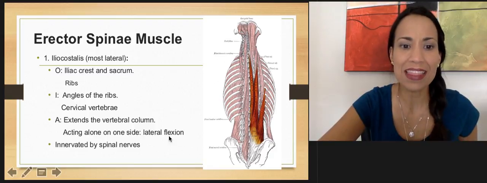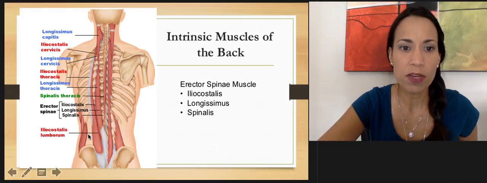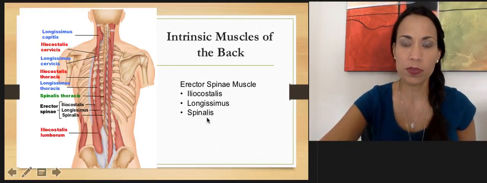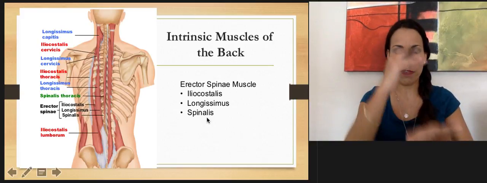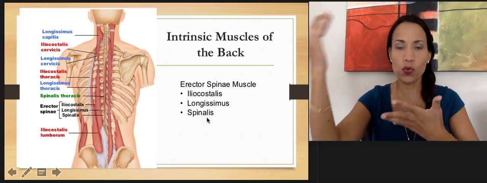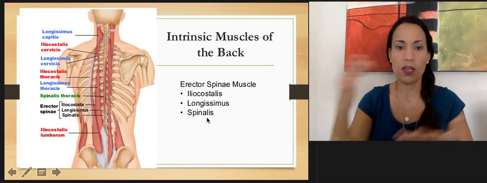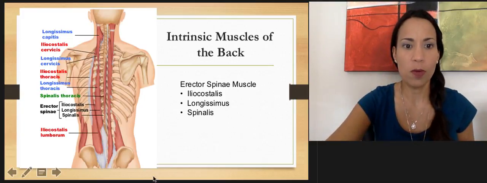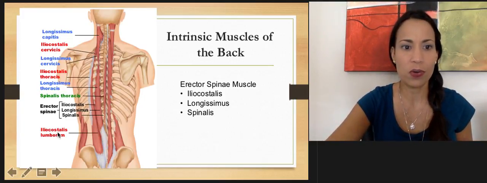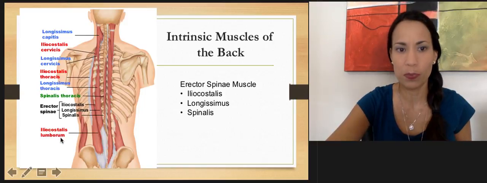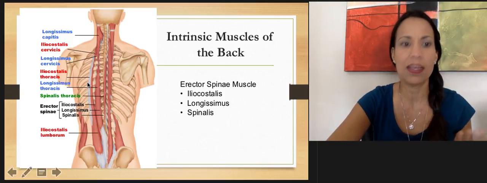But the thing is that each of these muscles, the iliocostalis, longissimus, and spinalis, have two or three sections. Some of them have a lumbar section, and they're called, for example, iliocostalis lumborum. Others have a thoracic section, and they're called iliocostalis thoracis, longissimus thoracis, or spinalis thoracis.